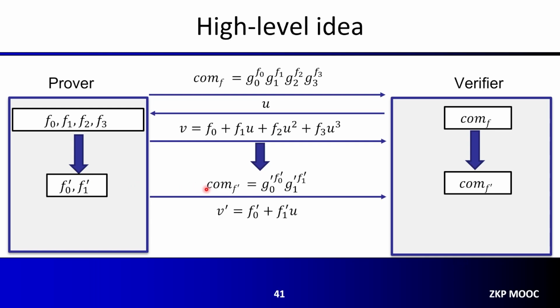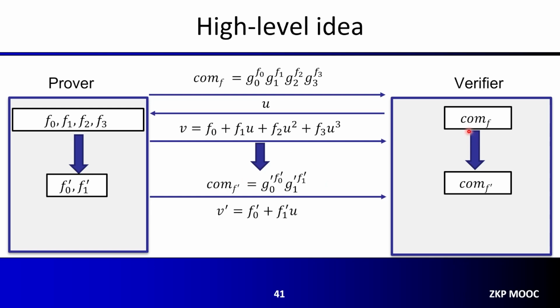And then we can somehow compute the commitment of this new polynomial as com prime with some new basis g0 prime to f0 prime times g1 prime to f1 prime, and also a new claim about the evaluation v prime for the new polynomial at point u.